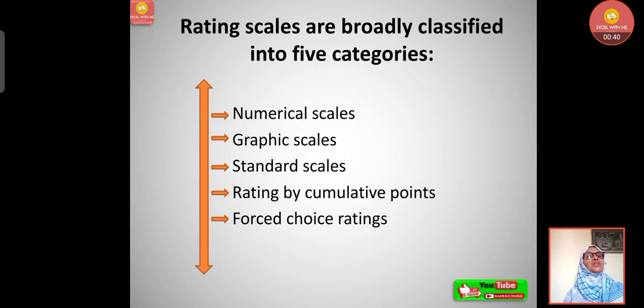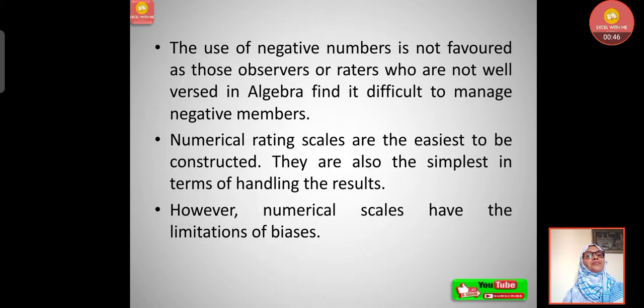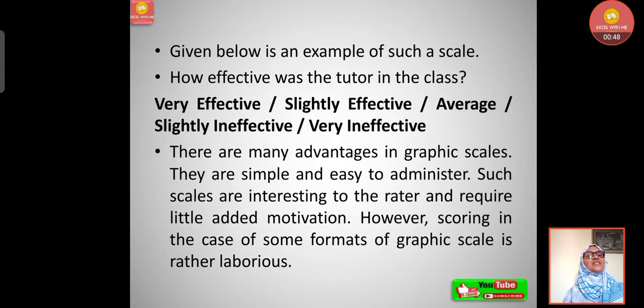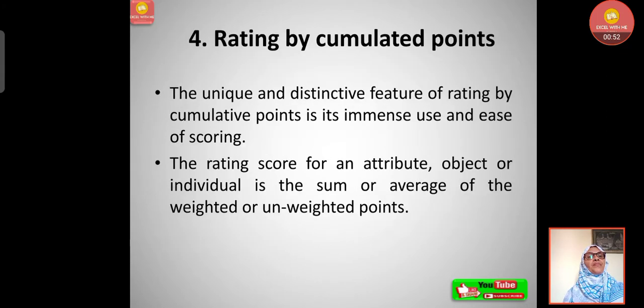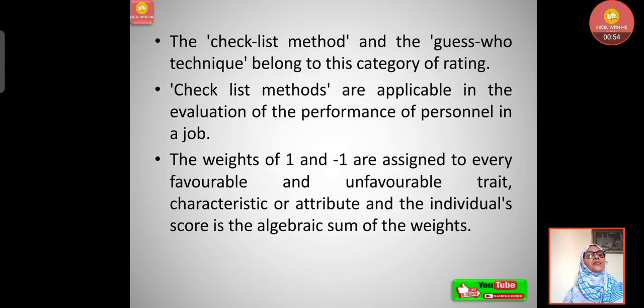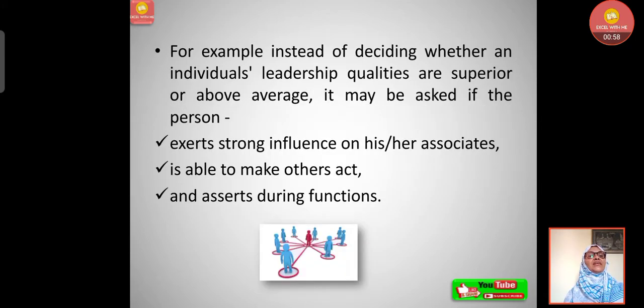We have understood the different categories, 5 categories of rating scales, like numerical scales, graphic scales, standard scales, rating by cumulated points, and the last one, forced choice ratings.